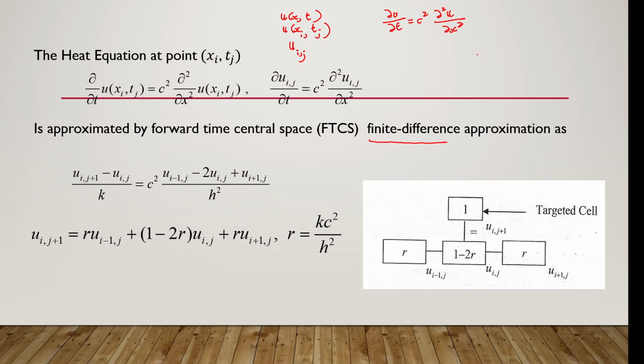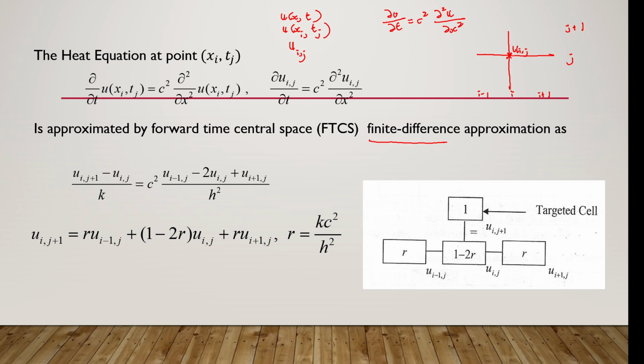You may draw, let's say, the grid. Let's say this point is u_ij. The center is i, the right point is i+1, the left point is i-1. And this is level j. The top level is level j+1. So for ∂u_ij/∂t, differentiating with respect to time t, t is vertical.